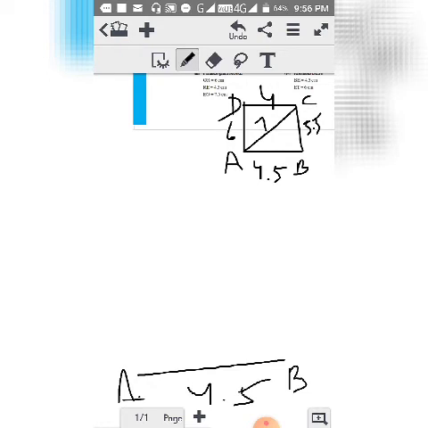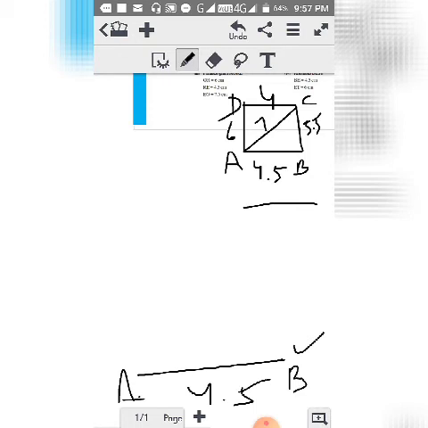Now for the remaining part you will use the compass. It is given draw BC 5.5. So from B we will measure with the compass 5.5 centimeter. Using pencil and compass you will measure 5.5, put the compass at point B and draw an arc. The arc will come here. This is 5.5.